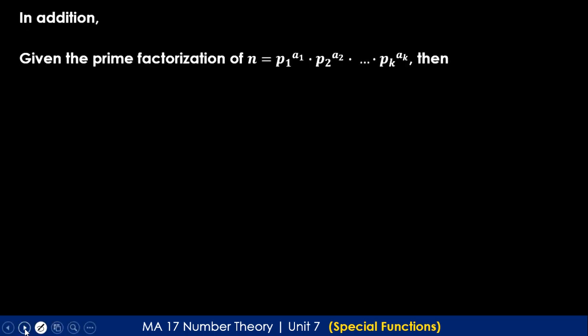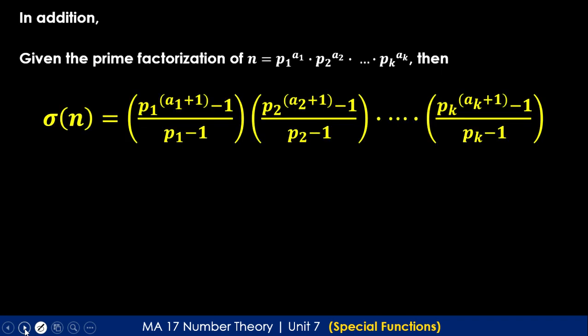In addition, we also have the idea of the sum of the positive divisors of the given number. Given the prime factorization, we'll have this formula. We take the prime raised to a sub 1, the exponent, plus 1, minus 1, all over the prime factor, which is p sub 1, minus 1.